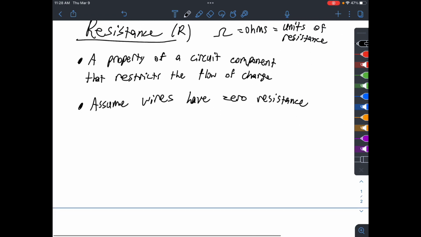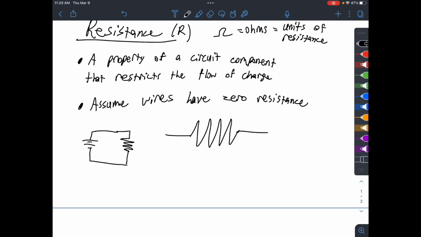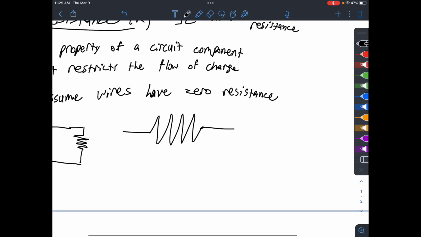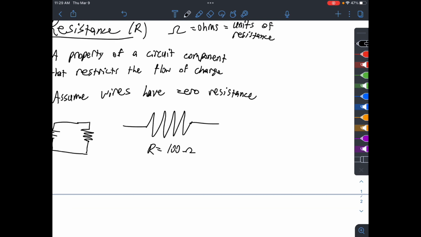How we draw a resistor, which is a common circuit component. In a circuit diagram, we would draw this here if I had my battery. And before, we've been working with light bulbs. Now if I have a resistor, it's just going to look something like that. It's this sort of jagged line. And this signifies a resistor. And then you'll see most of the time there's something like R equals 100 ohms or something. And that would be your resistor.